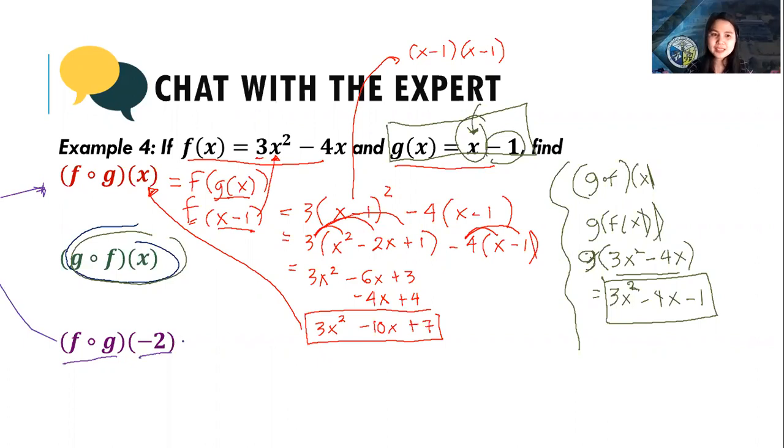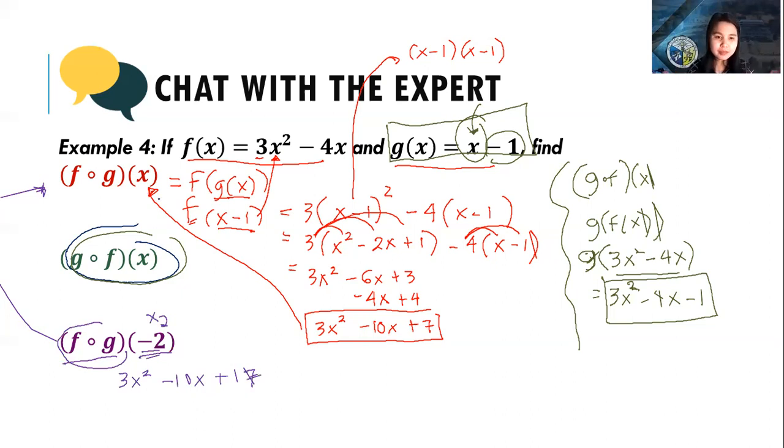It means that after you solve for f composed with g, you need to substitute -2 for the value of x. So let's write our f of g, f composed with g. That's 3x squared minus 10x plus 7.